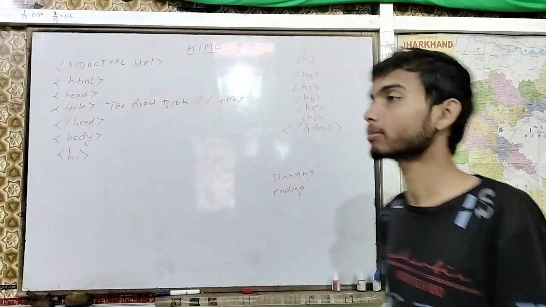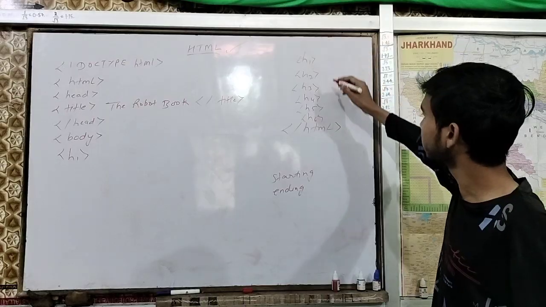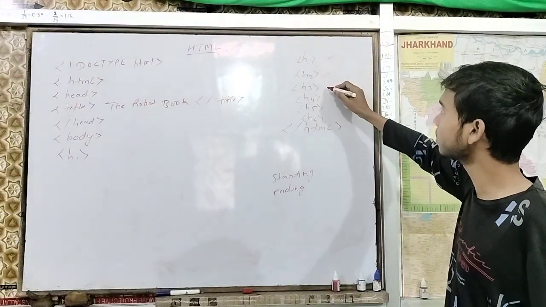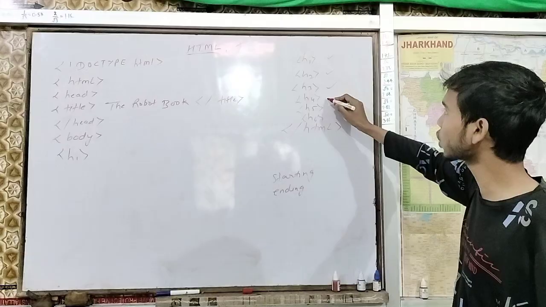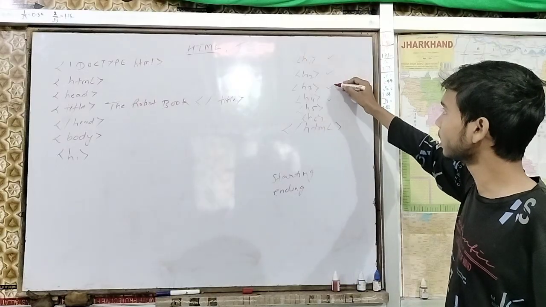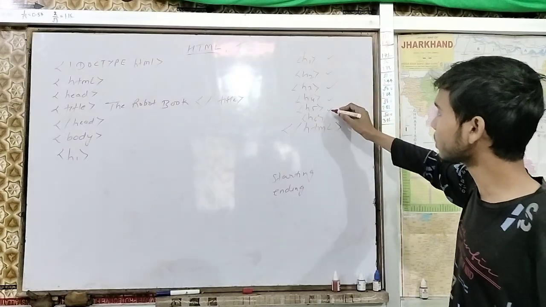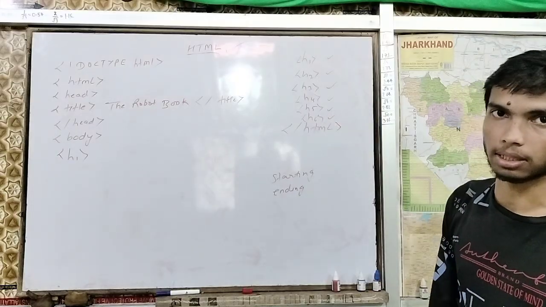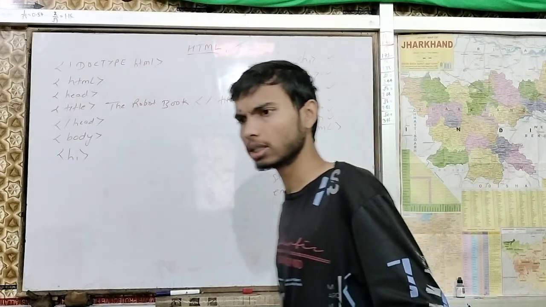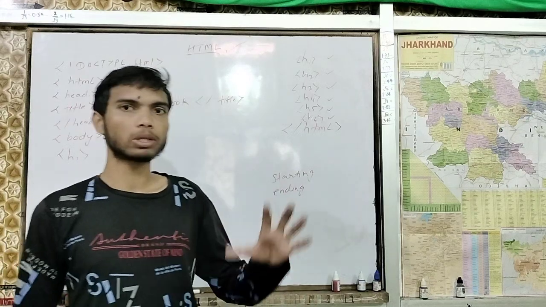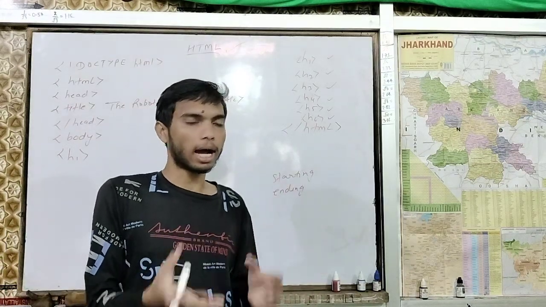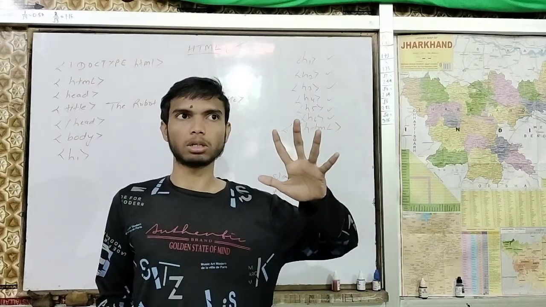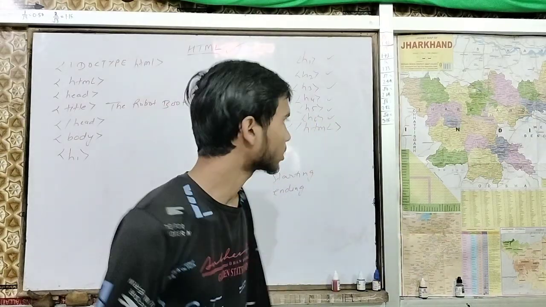What are you understanding? This will be more, this will be less than this, and the height of this word will be less than this. So these heading tags are all about what the height of the heading should be. That's it. Clear? That's it.